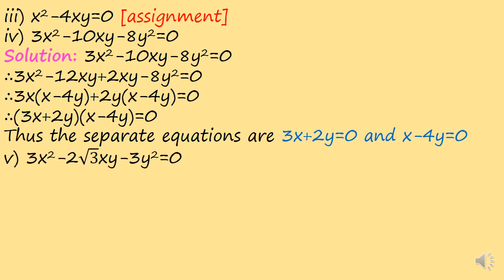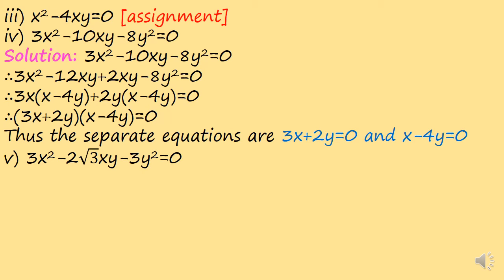The next sum, I am only helping you out because there is a root given over there. The question is 3x square minus 2 root 3xy minus 3y square is equal to 0. Again, we can solve it like a quadratic. We realize that the product over here is 3 into minus 3, that is minus 9, the first term into last term, and the sum is minus 2 root 3.